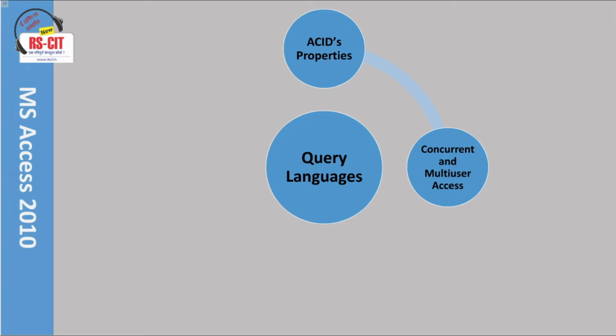Concurrent and multi-user access. DBMS supports a multi-user environment and allows users to access and manipulate data at the same time, though there are limitations on transactions when users attempt to handle the same data item, but users are always unaware of them. Multiple views. DBMS offers multiple views for different users.